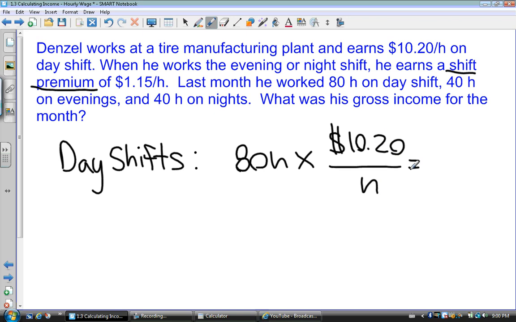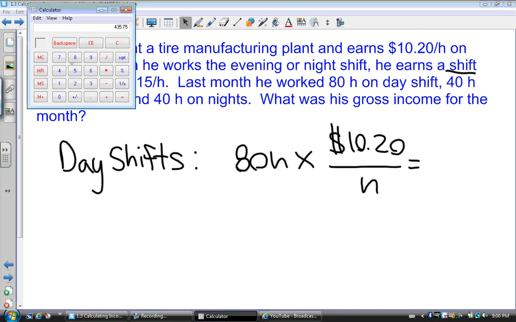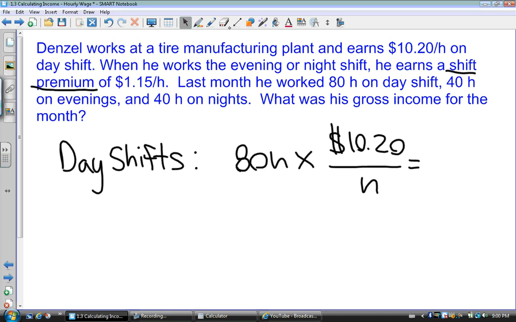So what do we get there? We're going to pull out our calculator here. We're going to take 80 times 10.20, and that is $816.